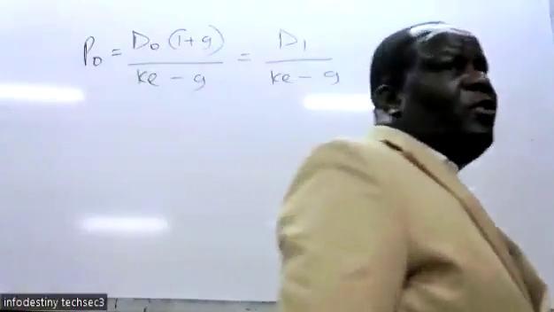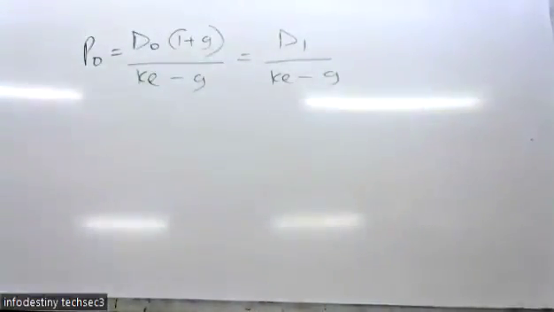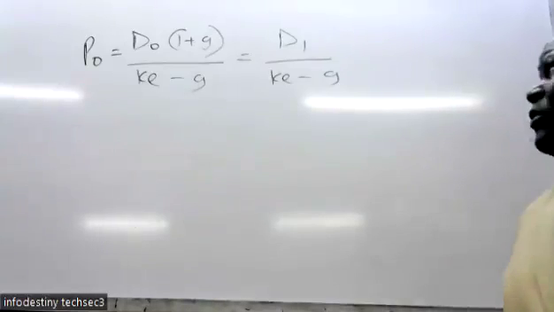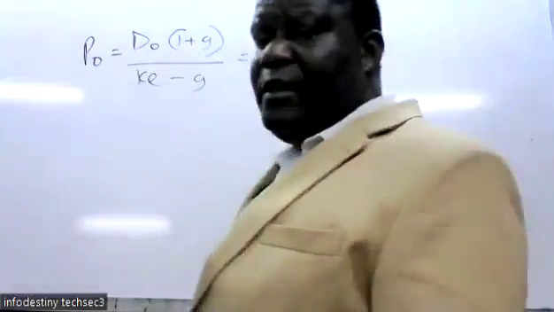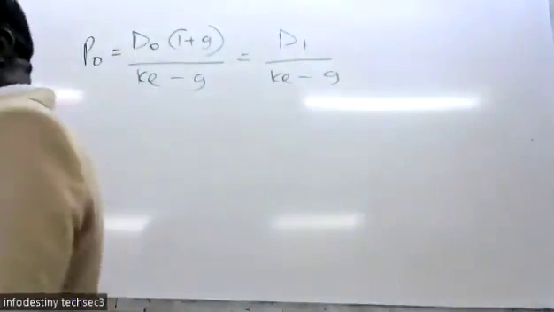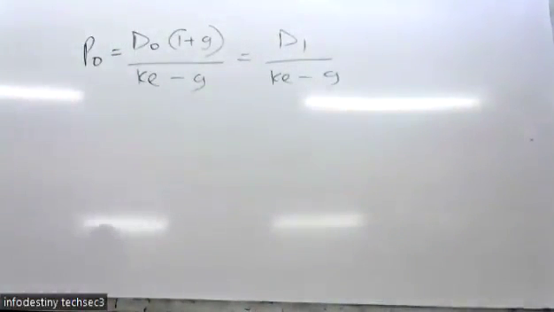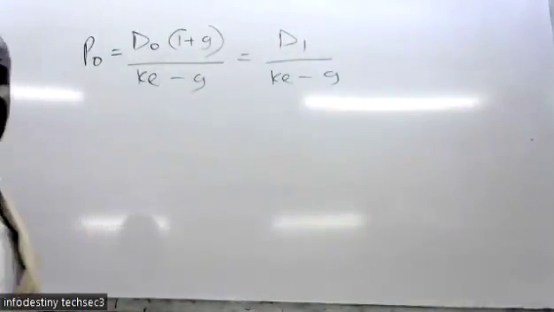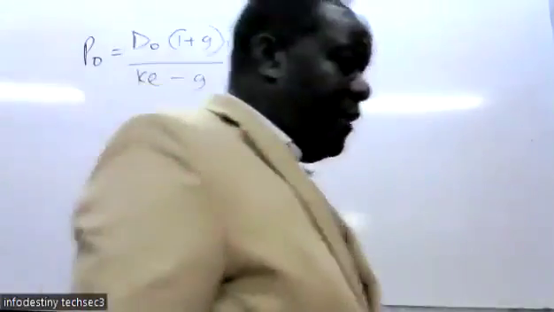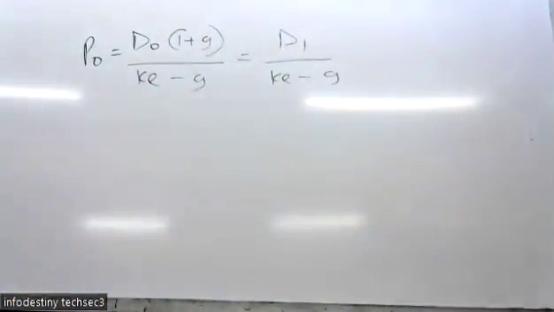Then D0 is the last dividend per share paid.